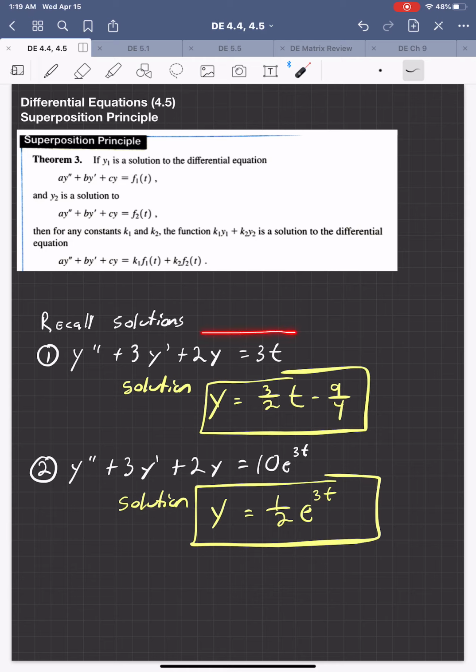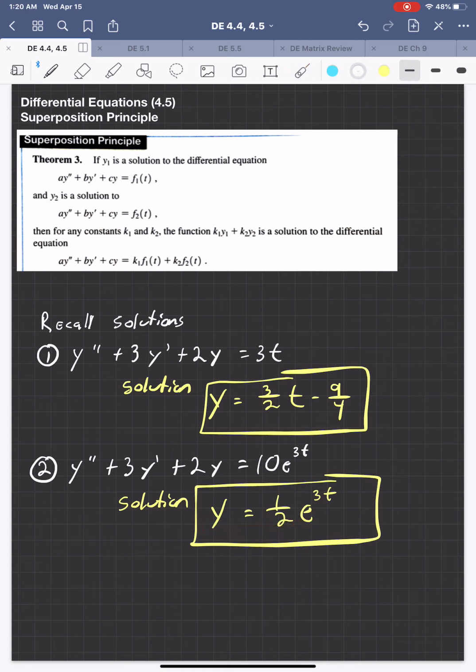Recall that in the previous video we found the solution for the following differential equation, and that was y equals 3/2 t minus 9/4. We also found the solution to the following differential equation, which was y equals 1/2 e to the 3t.